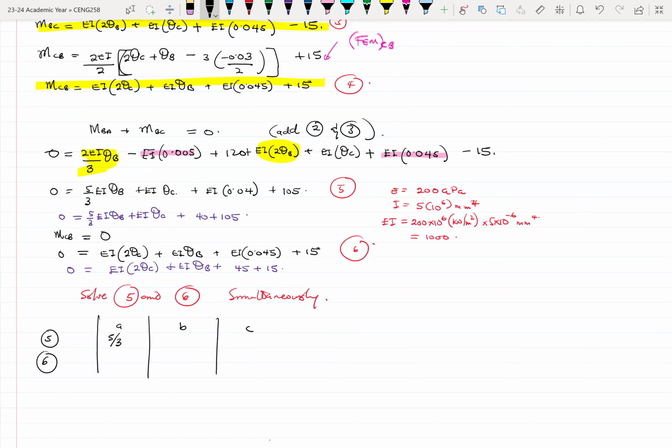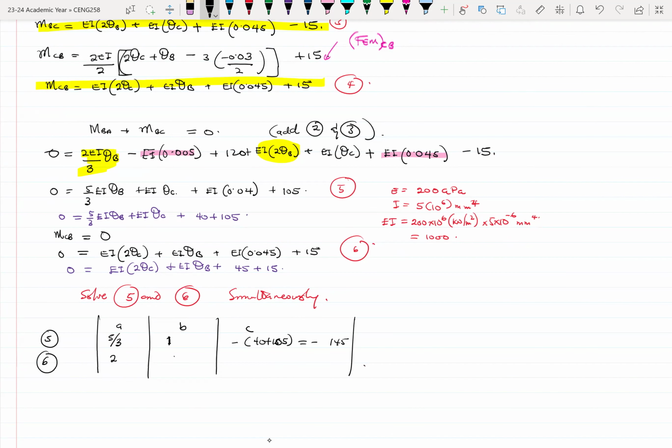Our B is 1. And our C would be minus 40 plus 105. So that'll be equal to minus 145. Okay, for C.